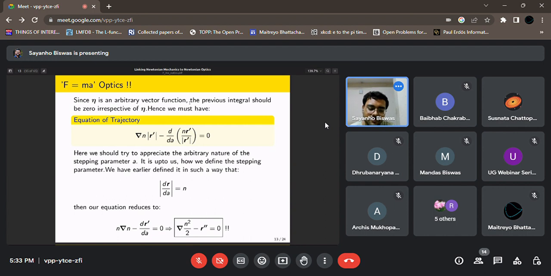This is what we often do, because if you expand the quantity gradient of n squared by 2, it automatically opens up into half n gradient of n plus half n gradient of n, which is nothing but n gradient of n. That is simple, basically chain rule only. What I have applied. So gradient of n squared by 2 minus R double prime equals 0.